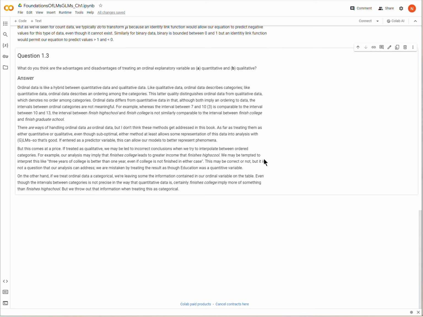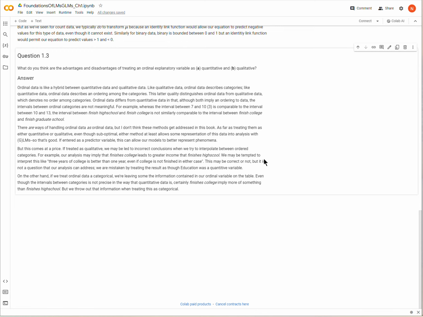It's just not really easy to put your finger on, but there is some kind of information there. And so if we just treat the ordinal variable as categories without any rank order, then the information that is contained in that rank order is lost.